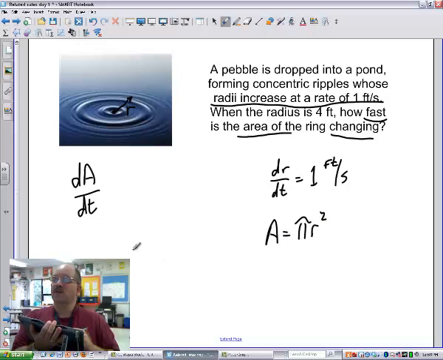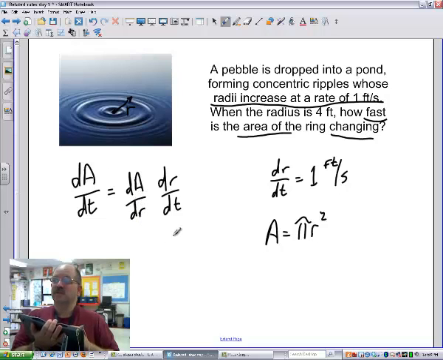Like we did on the last problem, we're going to use the fact that we know how the radius is changing to figure out how the area is changing. Those two rates are related to each other. The bridge that we're missing is dA/dr, how the area is changing with respect to radius.